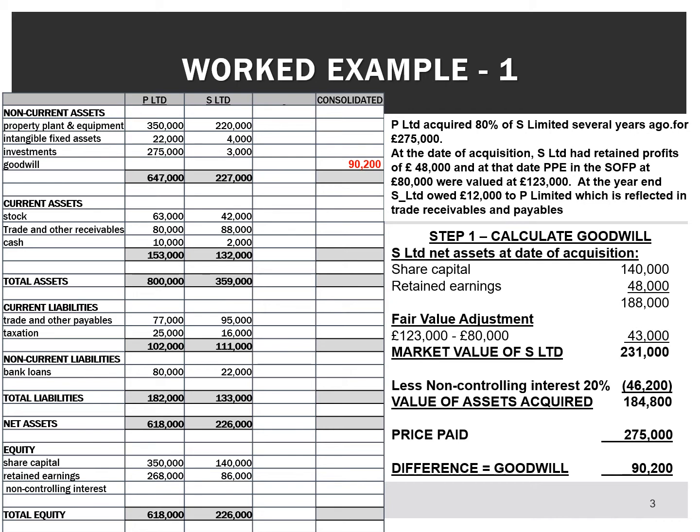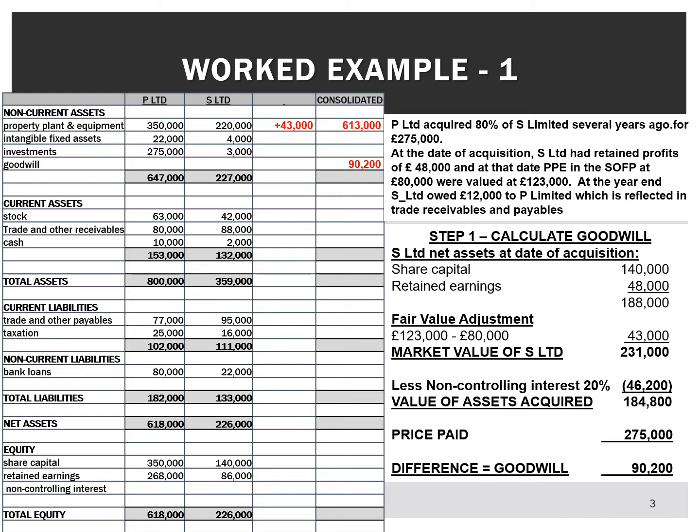In the consolidated balance sheet, we want to reflect the cost of the subsidiary's assets to the group rather than the original cost to S Limited, and that requires the addition of that £43,000 fair value adjustment. So that will give us a total figure for property, plant and equipment, 613,000.